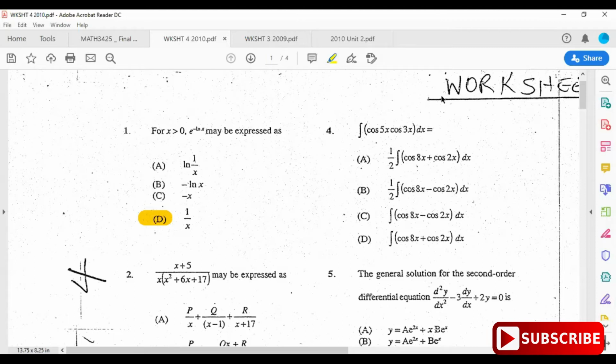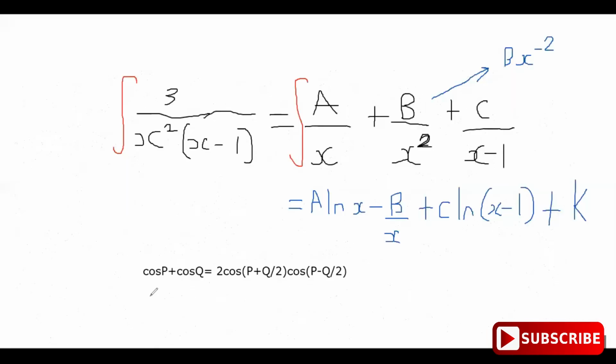So the cosine of 8x plus the cosine of 2x is going to be equal to 2 times the cosine of 8x plus 2x divided by 2.